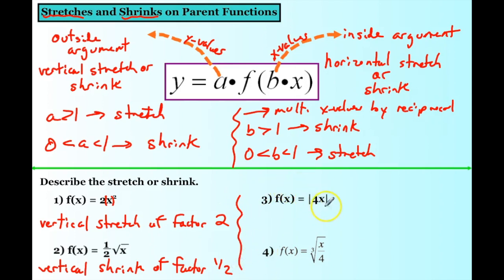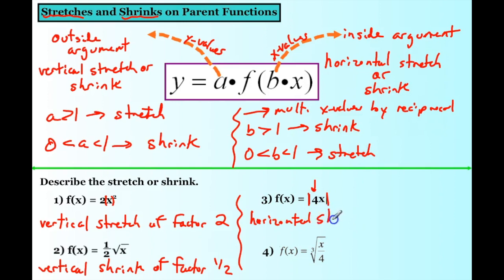Number 3 is an absolute value equation. The 4 is clearly inside the argument. The argument in an absolute value equation would be the absolute value bars. So if it's inside the argument, now all of a sudden I'm talking about a horizontal change. So that'd be a horizontal, and again, for horizontal changes, if your b value is bigger than 1, which it is here, it's a 4, it would actually cause a shrink.